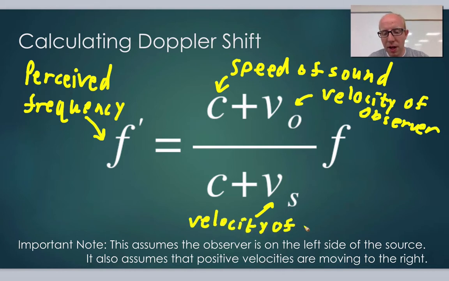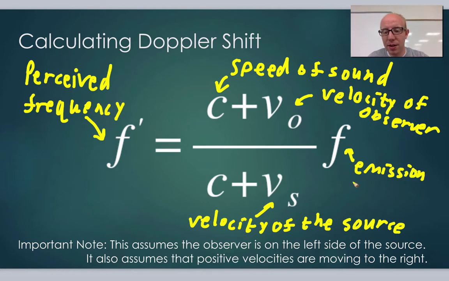And then all of that is multiplied by the regular frequency that we were supposed to hear, or what is often called the emission frequency. What was the original frequency it was emitted at? Now, if you think about this, it's really quite a straightforward idea.